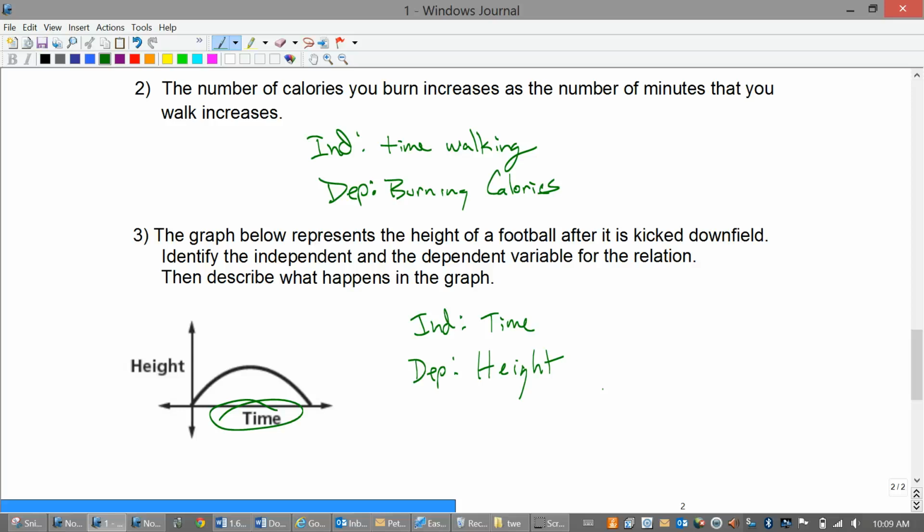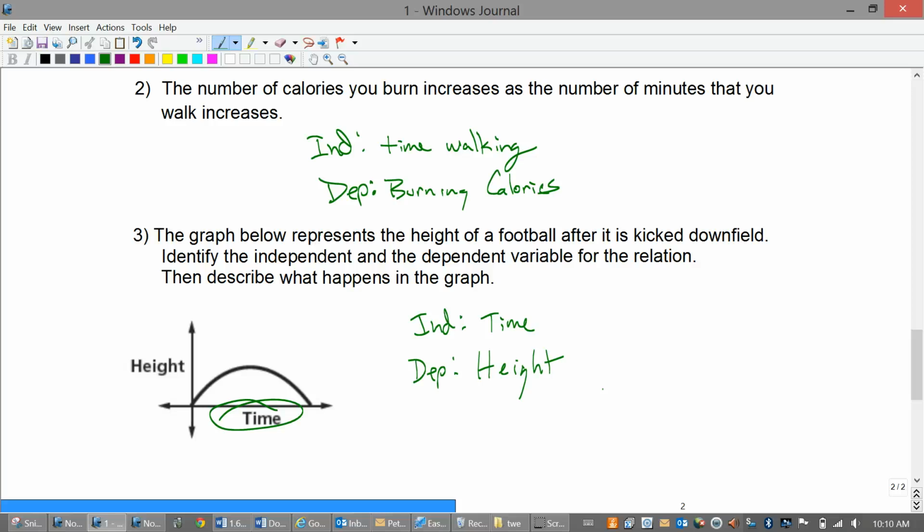A third way to look at it would be putting it in context and just talking about it in context. Okay? The height of the ball is as a result of time passing. As time passes, the result is the ball goes up and down. Rather than if you move a ball up and down, that doesn't change the time that it's been in the air.